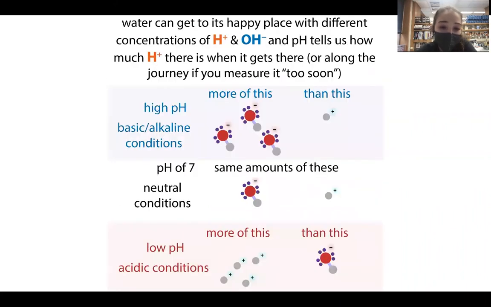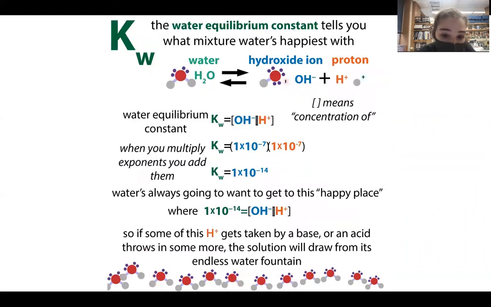So if we go back to our idea about this water equilibrium constant, this is the happy place that water wants to get to. Even though we're in molar, we're still in really, really tiny values, so 1 times 10 to the minus 7.